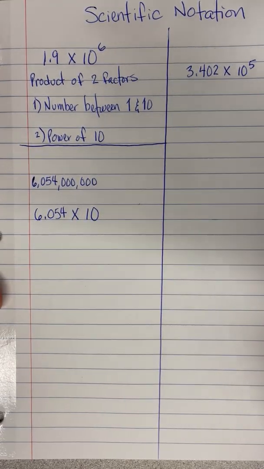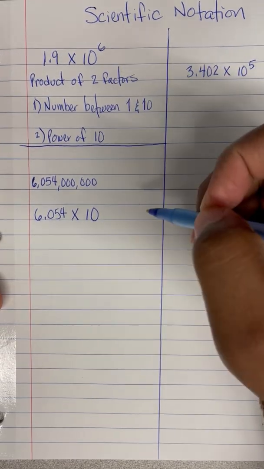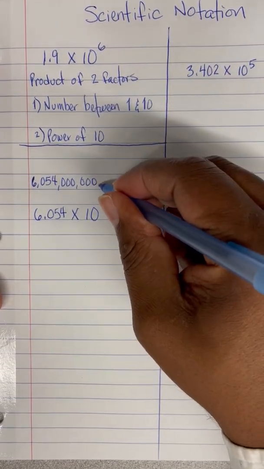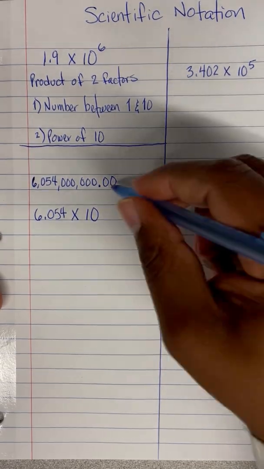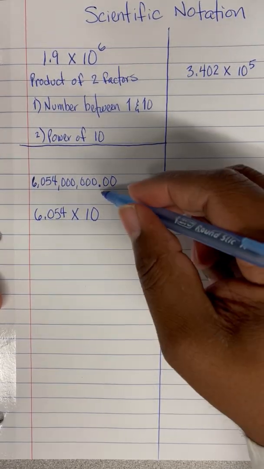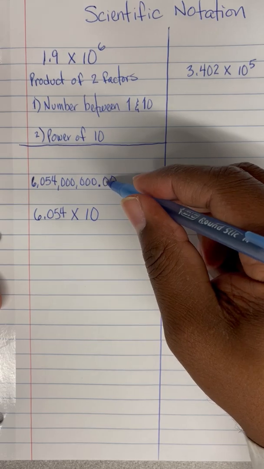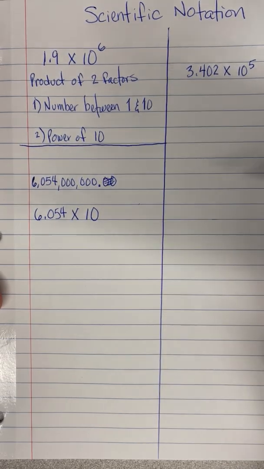Now, the way to get the exponent is you're going to count how many digits there are after the first number, because what happens is the decimal would normally be here if it were money, right? If we were writing this as money, there would be 2 zeros at the end. So we know that the decimal would be here at the end of this number.